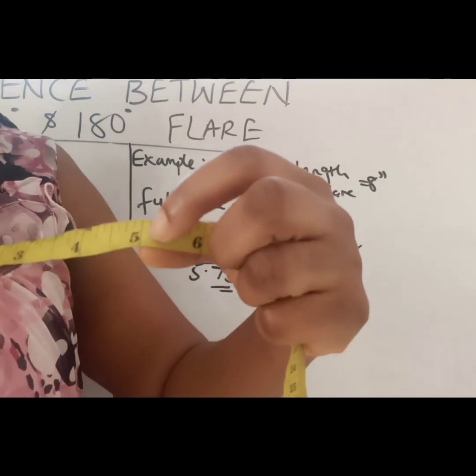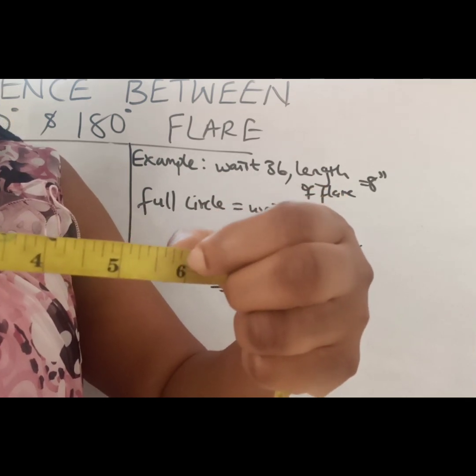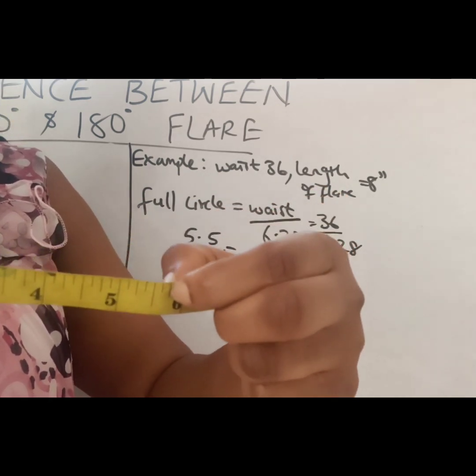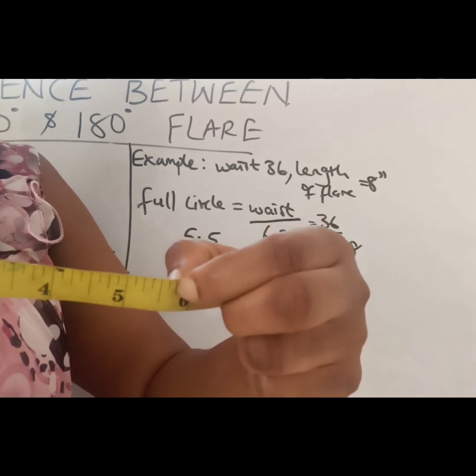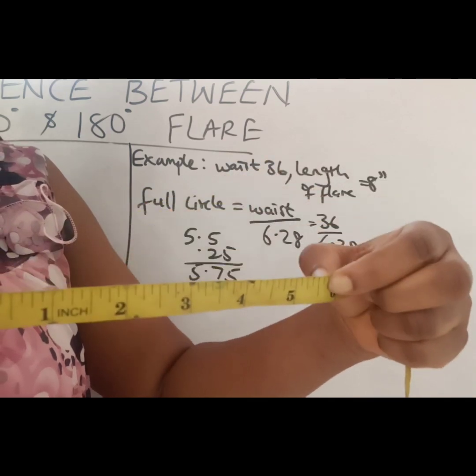So this is our tape. This is 5 and this is half, and then this one is the quarter, which is 0.25. That is where we are going to be marking on the tape.